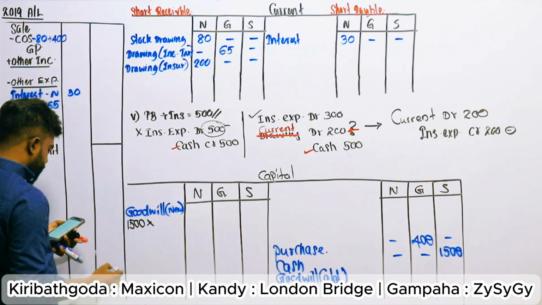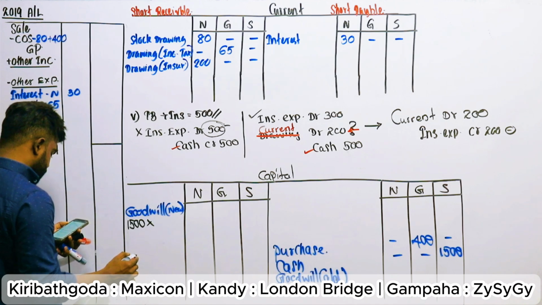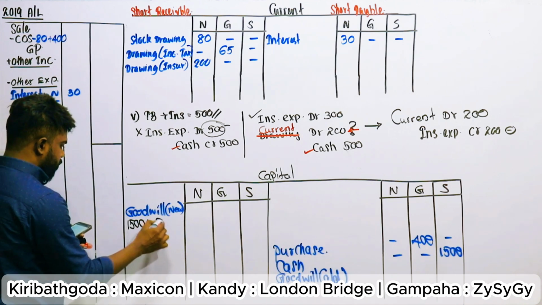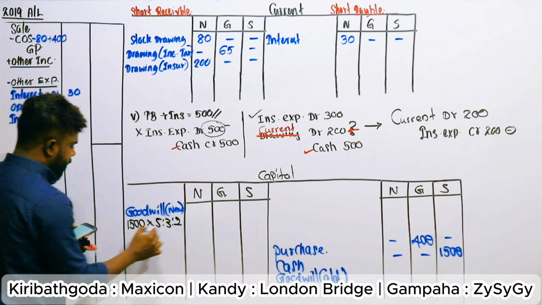What's the new ratio? 3 to 1. Sorry, 5, 3, 2 divided by 10 total.